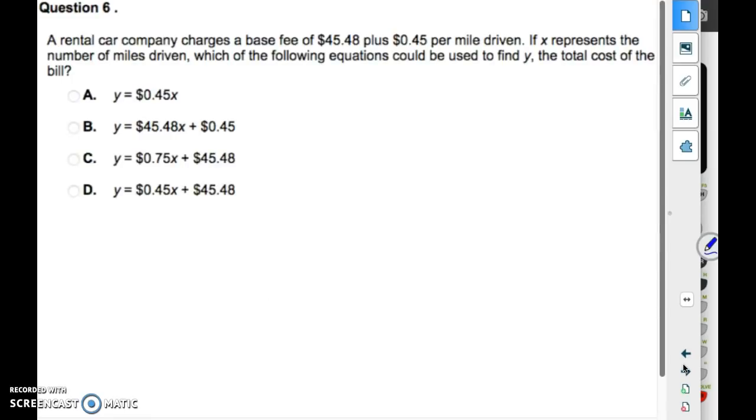Question 6. A rental car company charges a base fee of $45 plus 45 cents per mile. If X represents the miles, which of the following equations could be used to find Y, the total cost?